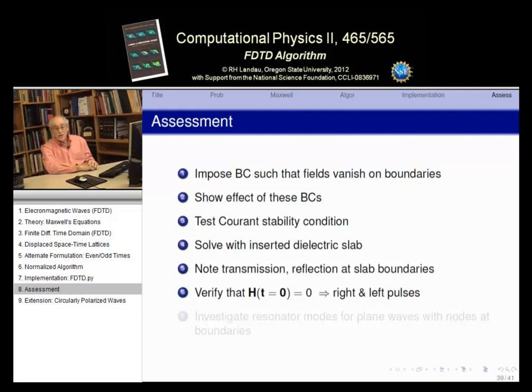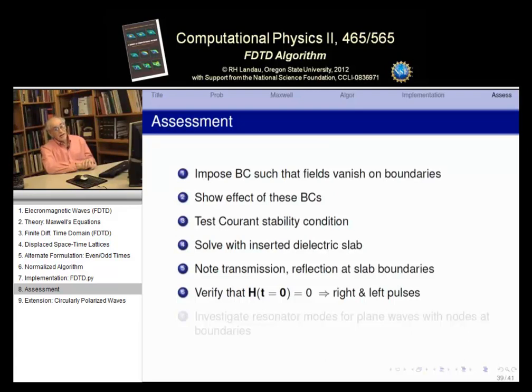Try other initial conditions. We gave you those very simple ones which we knew had to lead to nice waves. What if you just started off with a pure electric field varying in space and no magnetic field? Well, a space variation of the electric field should give you a time variation of the magnetic field.